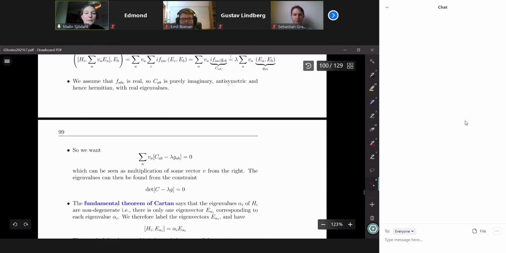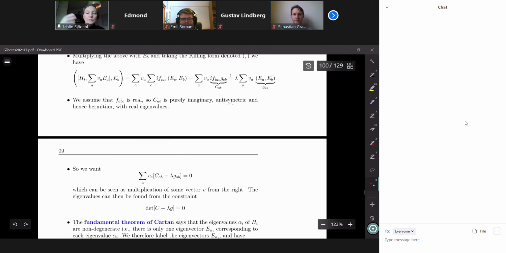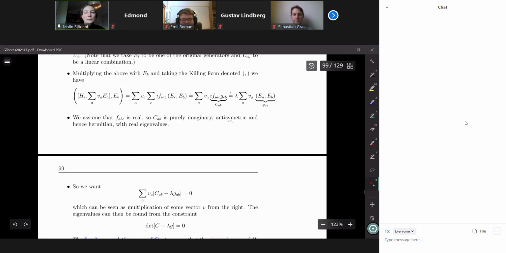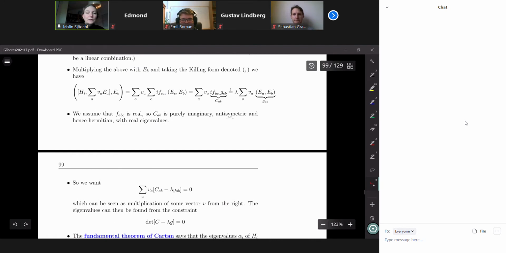We wanted to find the eigenvalues lambda of this operation seen as a matrix, and those eigenvalues can be found by requiring that the determinant should vanish. So we had this condition where this C was constructed in this way up here.